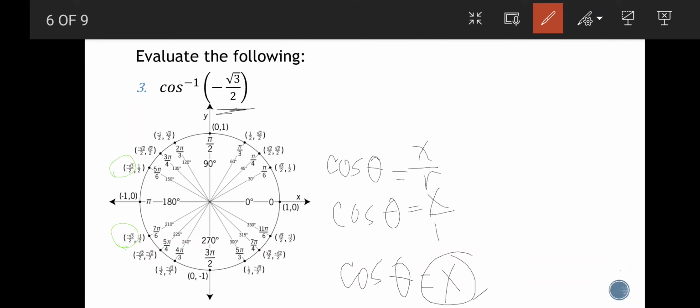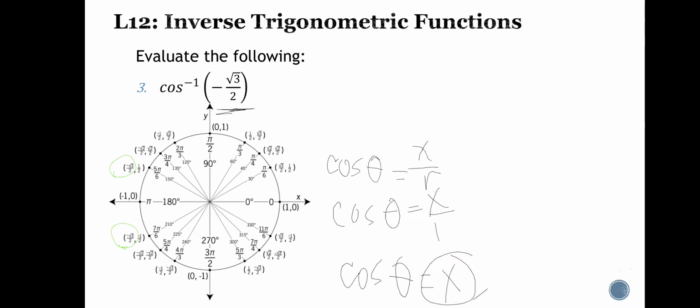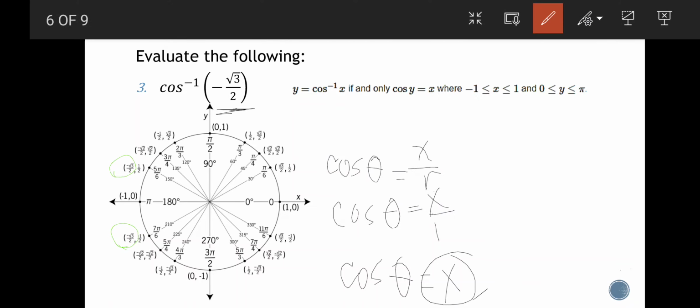Now, take note again that we have to always consider the range of our function. The range of arc cosine is only from 0 to pi, so until 180 degrees only.